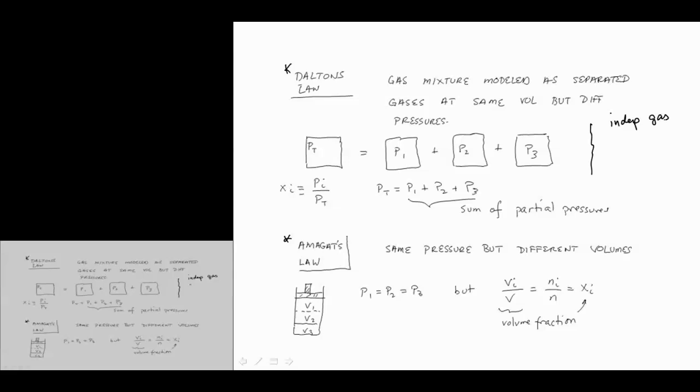Simply in an additive sense, where each is occupying the same V total, we can think of the partial pressure of species 1 as just P1, and P1 over PT is equal to Xi. So PT is equal to P1 plus P2 plus P3. And you can show this pretty simply using the ideal gas equation of state.